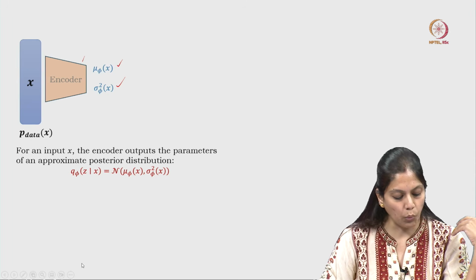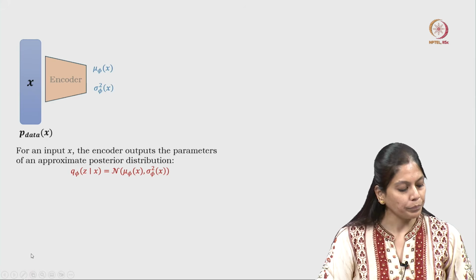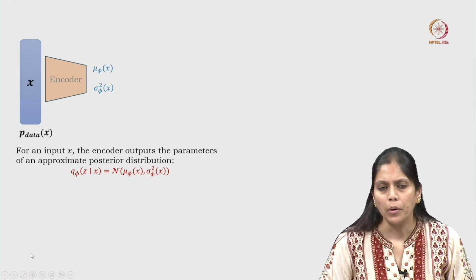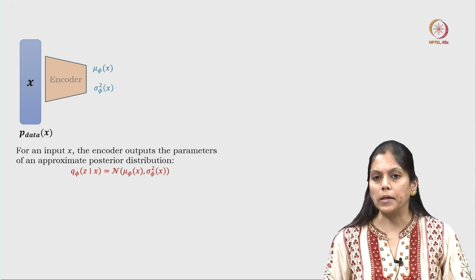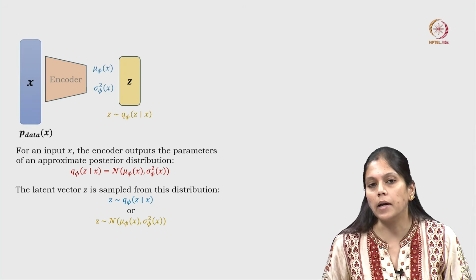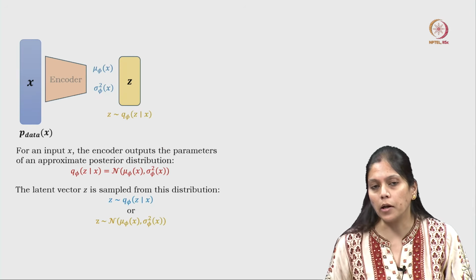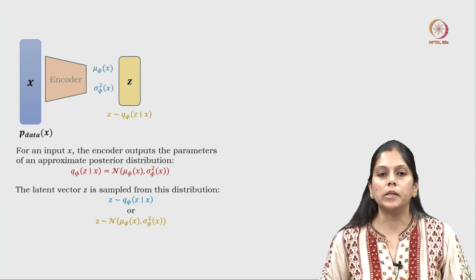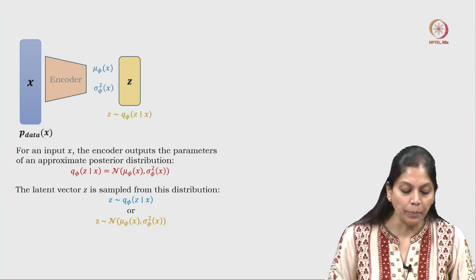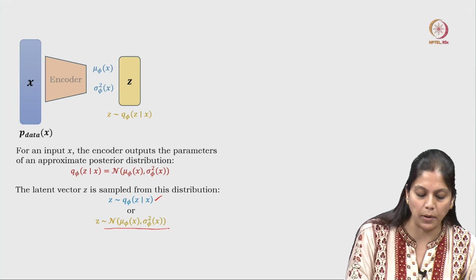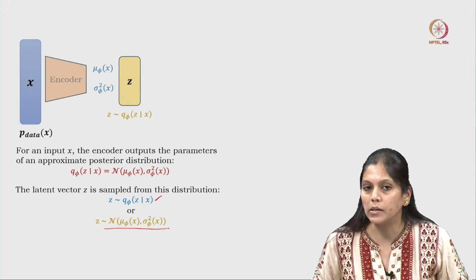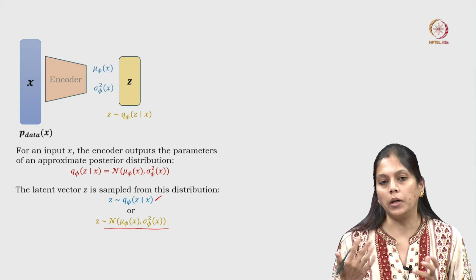Once we get this output, what is the next step? By now you should be able to answer this. The next step is that Z is sampled from this distribution. You will be writing it mathematically: Z is sampled from the distribution, or Z is sampled from the parameters of this distribution. So, both are the same.